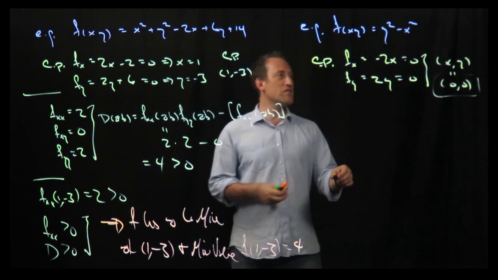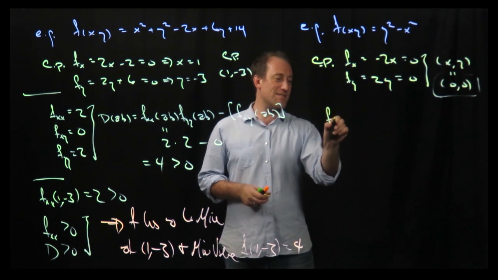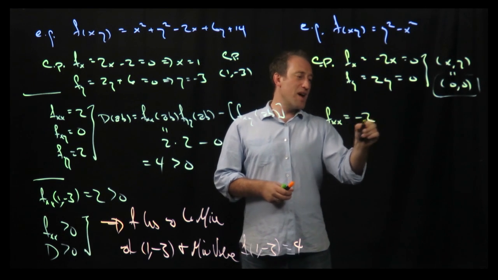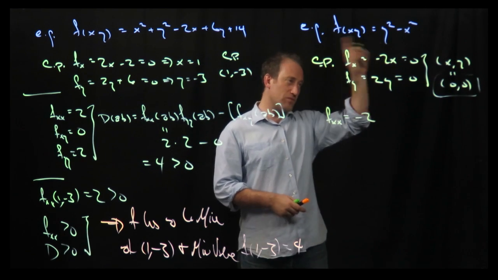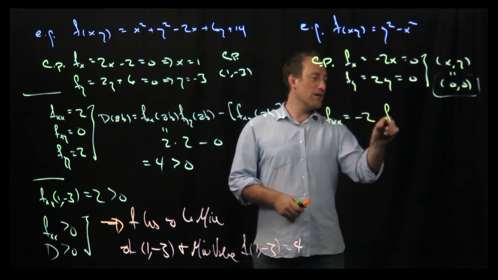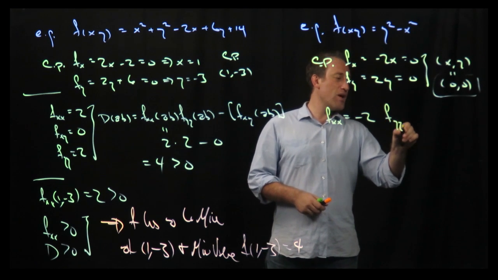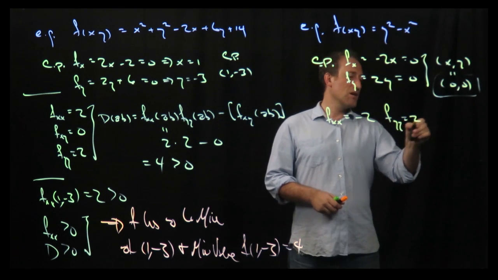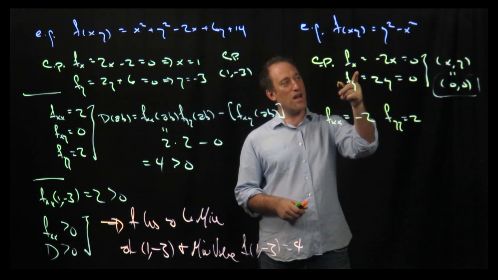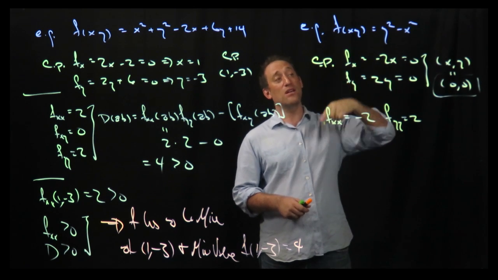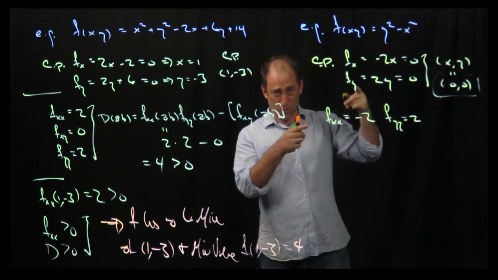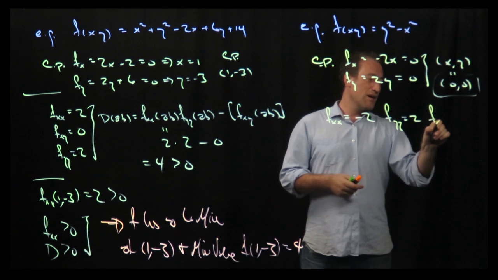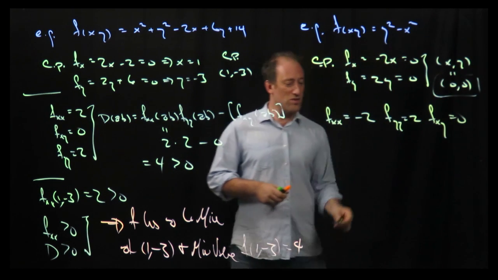Roll out the second derivative test. f_xx is minus 2, again independent of whatever x and y are. Similarly, f_yy is positive 2, and if I differentiate f_x with respect to y, or f_y with respect to x, I get 0.